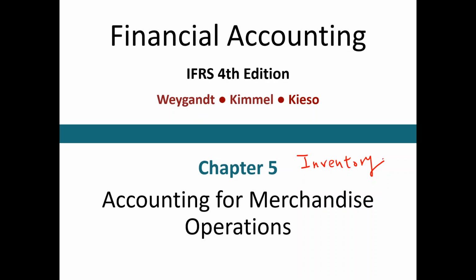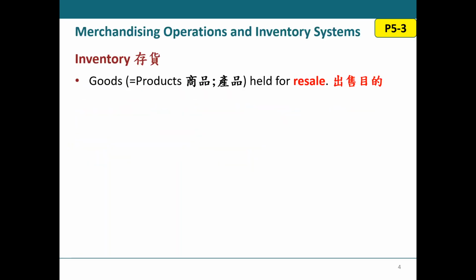Every detail of how to deal with inventory, 存货, all those situations and cases, we tell you in chapter 5 and chapter 6. Chapter 5 and 6 tell you everything about inventory. Okay? So what is inventory? Inventory, 存货.